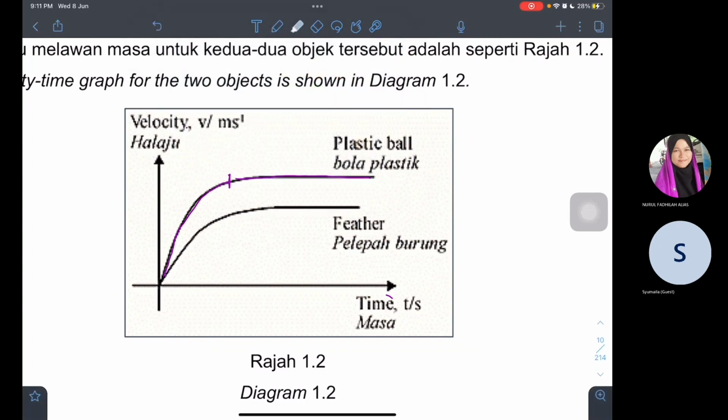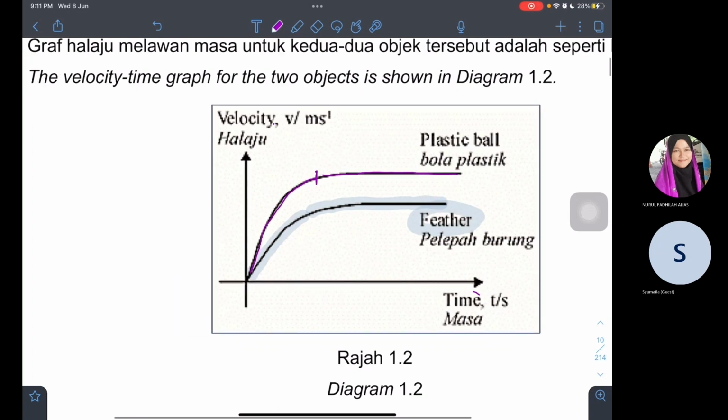Okay, nampak tak? Kan? Same for feather. Feather pun sama. Okay, at first, the velocity increases. Tapi at one point, the velocity starts to become constant. Alright?